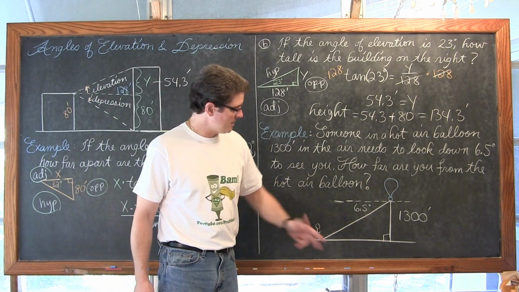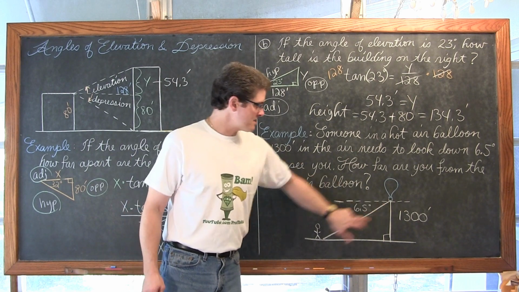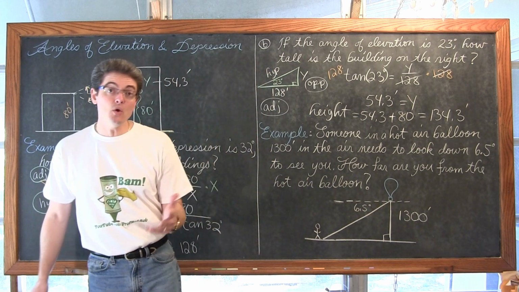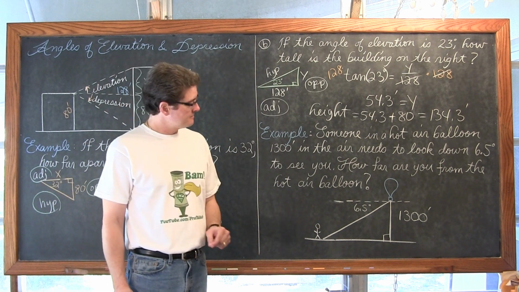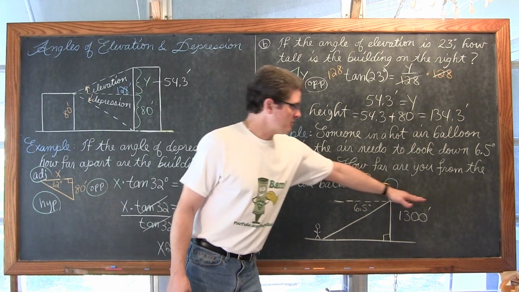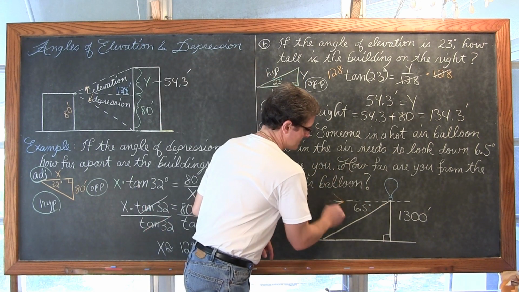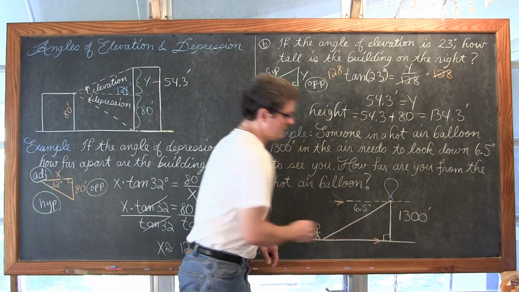And what that means is we have 6.5 degrees in our diagram, but that 6.5 degrees is not inside of our triangle where we can use it. But if this ground is assumed to be horizontal, angle of depression is off of horizontal. That means that these two line segments are parallel.